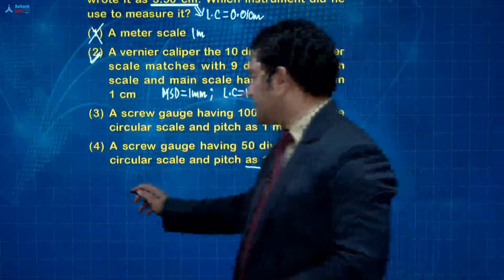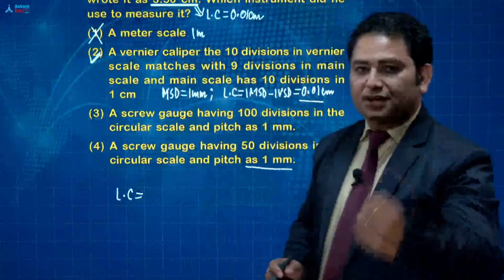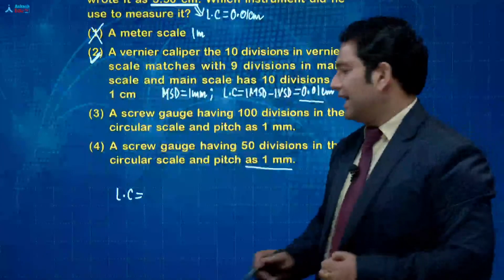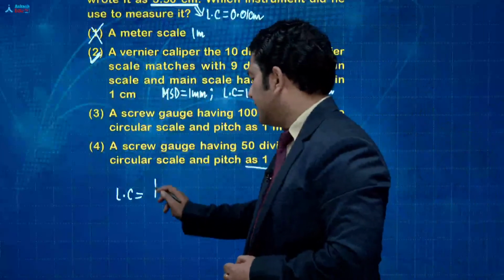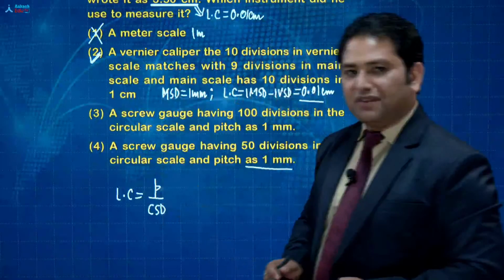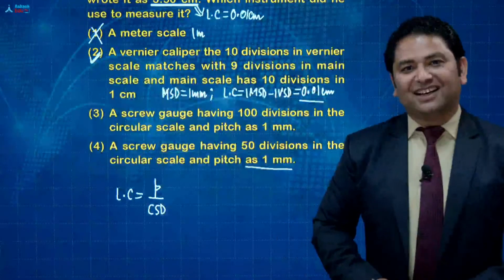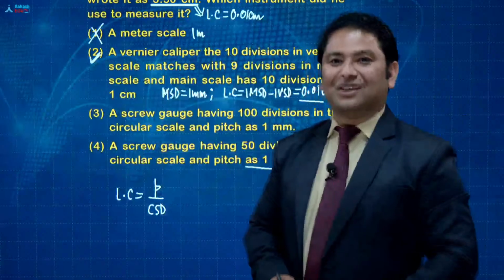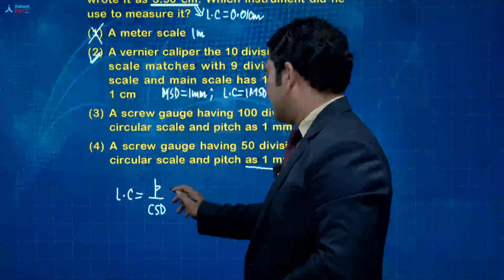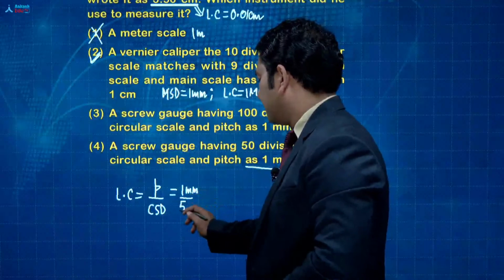Now, the least count of a screw gauge, this is another formula today. We've already done for Vernier Caliper. That is the pitch divided by CST. Now, previously we did MST, Mahendra Singh Dhoni. इसे क्या कहेंगे? Chandra Singh Dhoni? All right, so that's a circular scale division. The pitch is 1 millimeter. The circular scale division is 50.